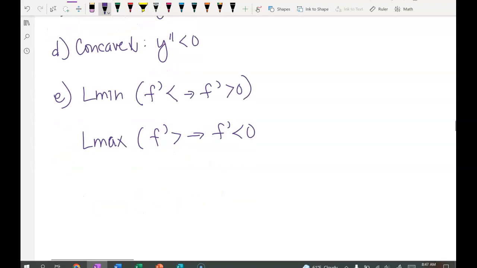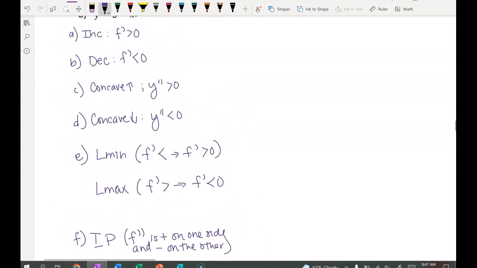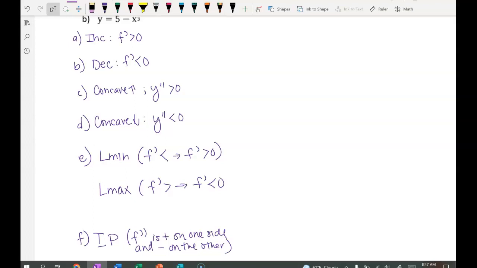And then we want to find the inflection point, so IP. Now inflection point is the second derivative test, when the second derivative is positive on one side and negative on the other, and vice versa. So all right, let's go. As you can see, we will be using the first and second derivative, so let's just find it all.